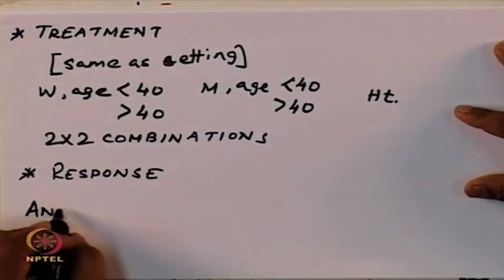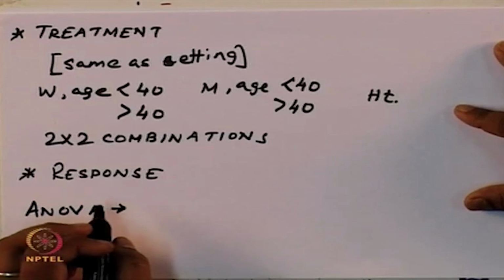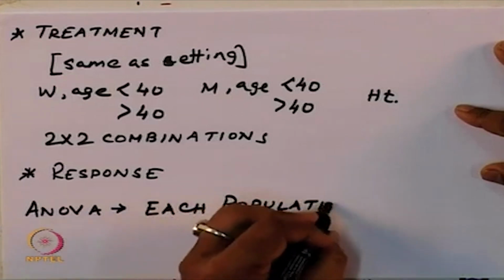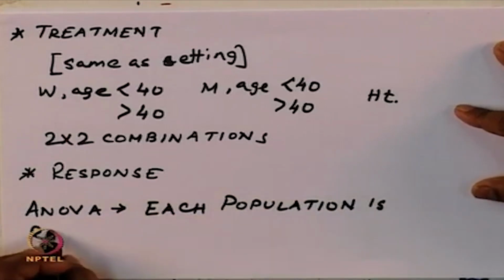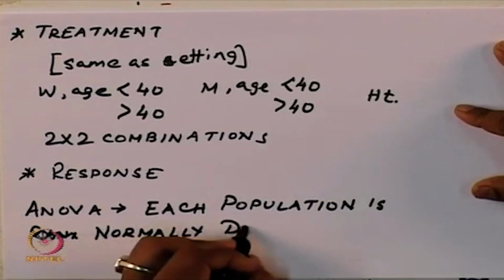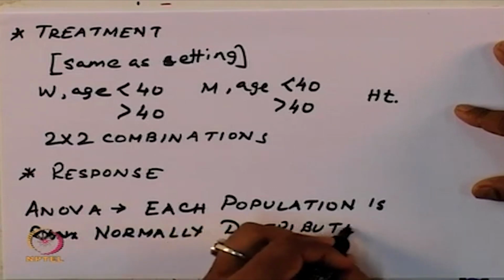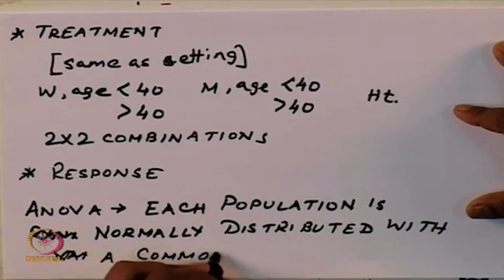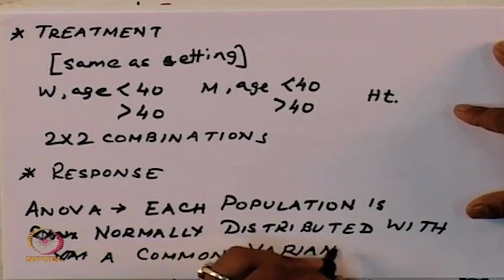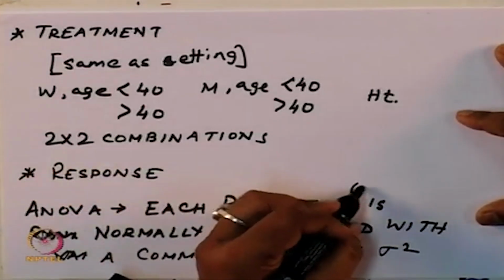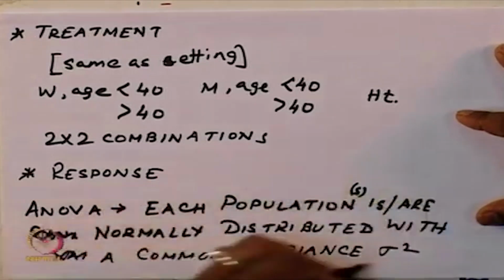ANOVA is based on one assumption: that each population is normally distributed with a common variance sigma square.